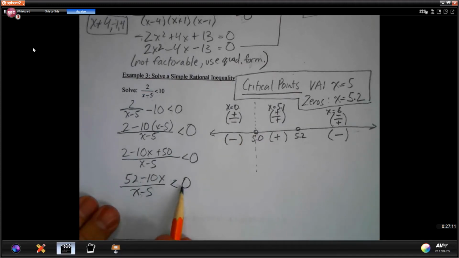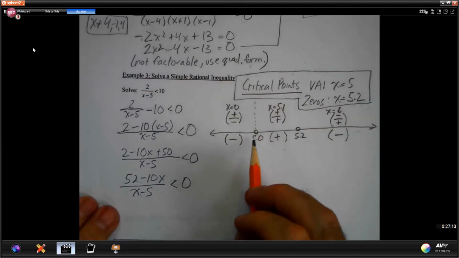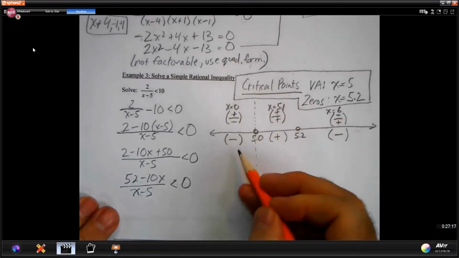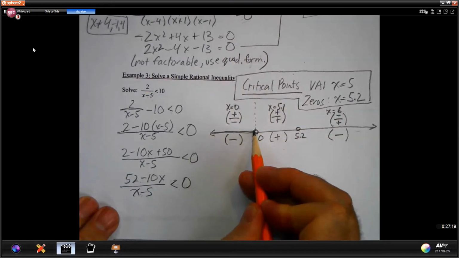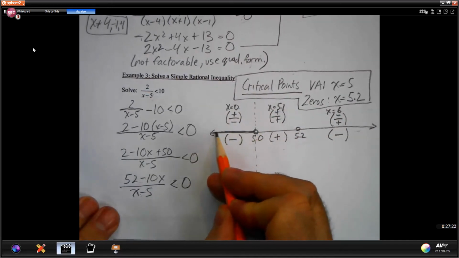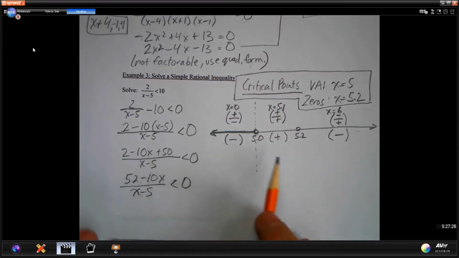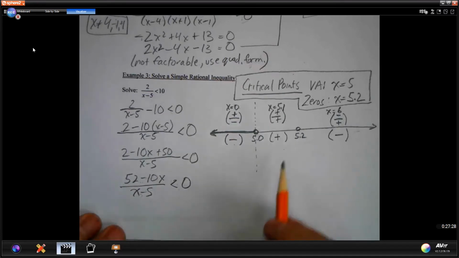It doesn't include 0. Okay, so remember 5 is a vertical asymptote, so it's never going to include a vertical asymptote, but every value to the left of that will be negative, as I just determined. So there's part of my solution. The positive part, definitely not part of it, because I'm looking for negative values.